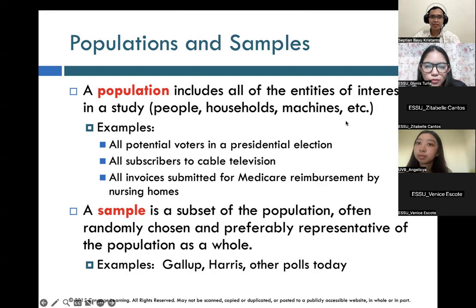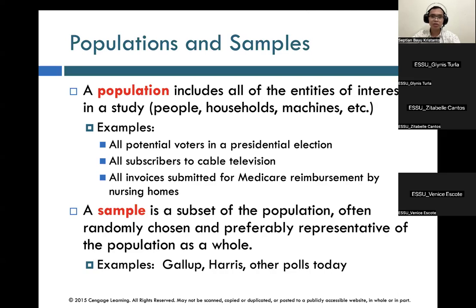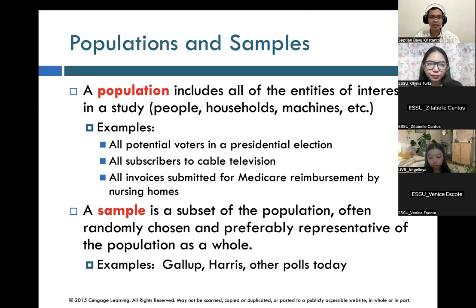The population is different from the sample. The population includes all of the entities that will be observed in our data. Let me repeat: the population means you include all of the entities that you are interested in observing in your data.